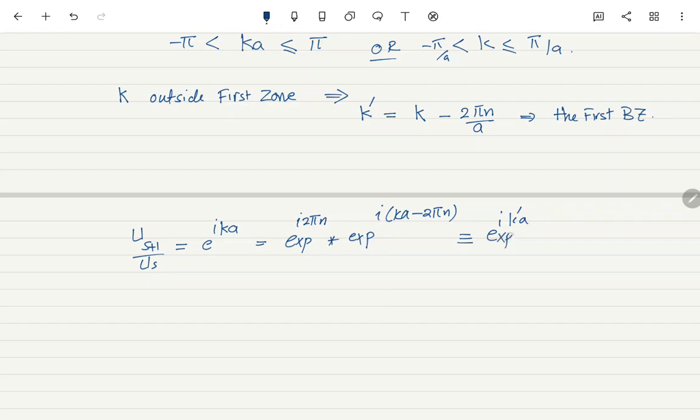And again, we just get back to the same solution, because e to I 2 pi n is actually equal to 1, and again we get back to the same as inside the first zone.